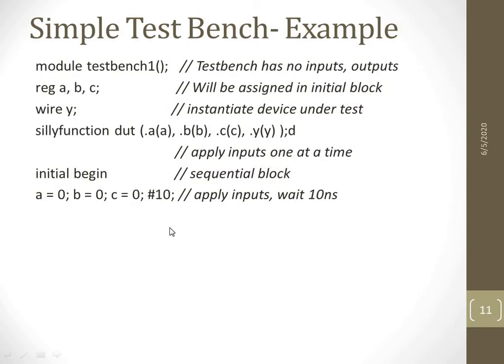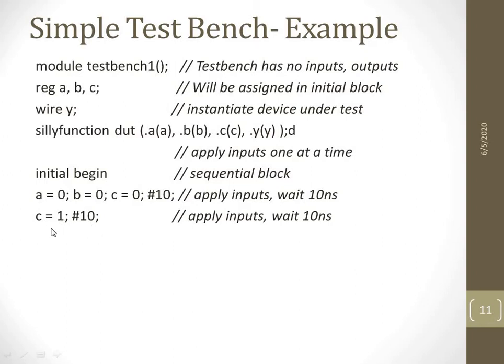So you all know, we check with the timing diagram or the waveform. So here A=0, B=0, C=0 all will be waiting for 10 nanoseconds. Next, C=1 and 10 nanoseconds. It indicates what?